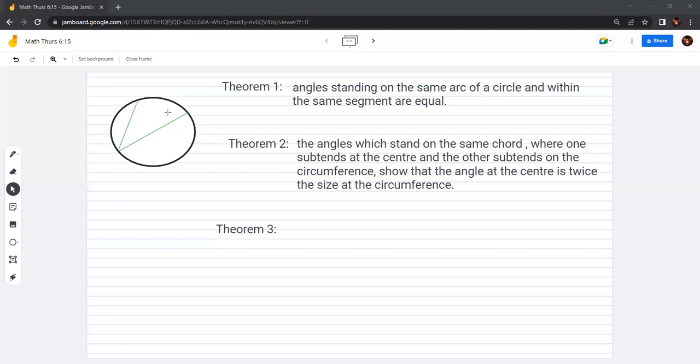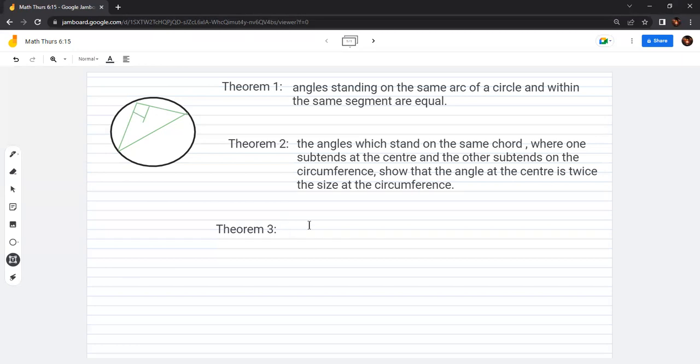So if you have angles within a semicircle, the angles which extend or subtend onto the circumference are 90 degrees or right angles. So once they are coming off of the diameter, they are right angles or 90 degrees.